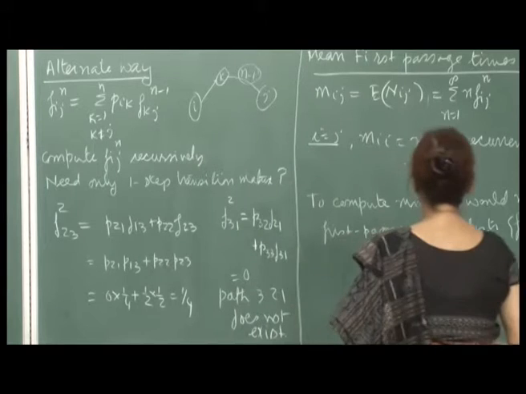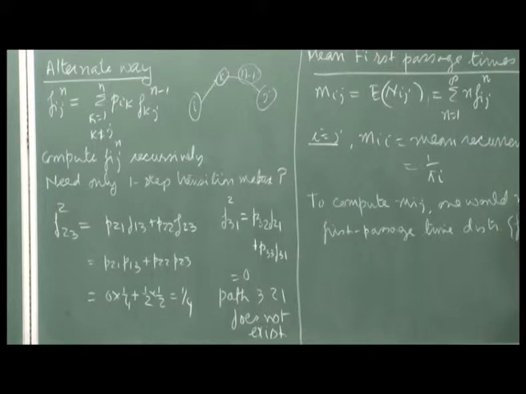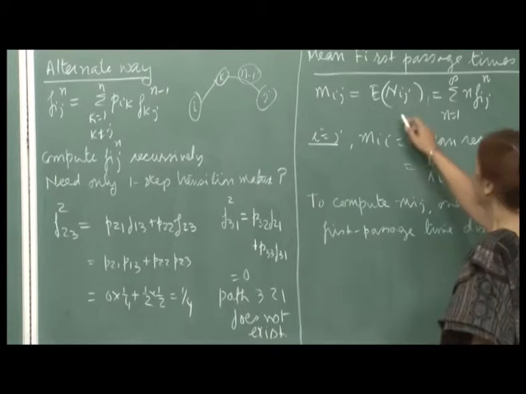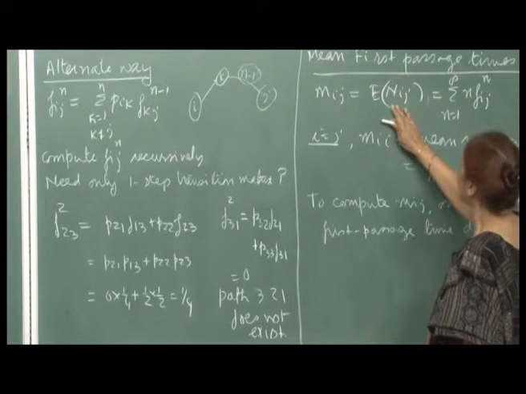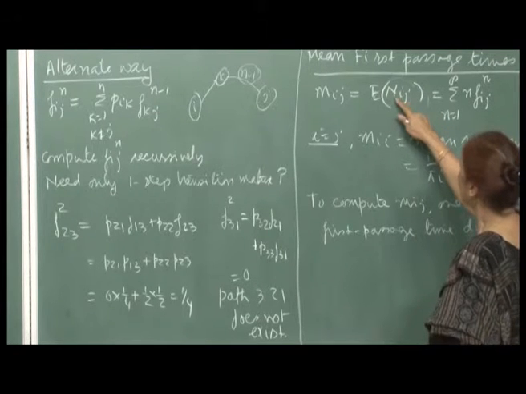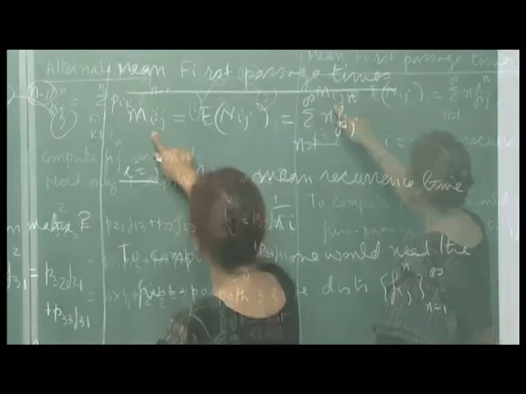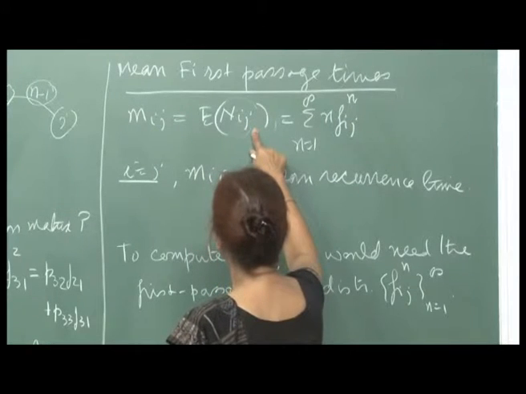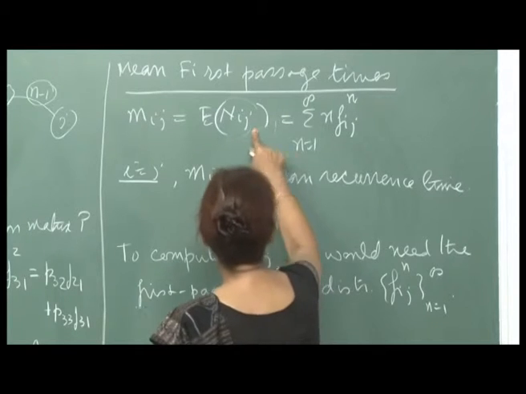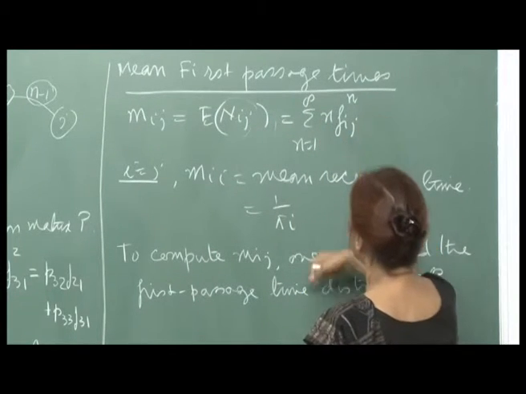So, now once we know this, let us talk about the mean first passage times. Remember, n_ij we have denoted as the number of transitions that you require for going from i to j for the first time. Then the mean first passage time will be the expectation of the random variable n_ij, which you will write as the sum over n from 1 to infinity of n f_ij(n).